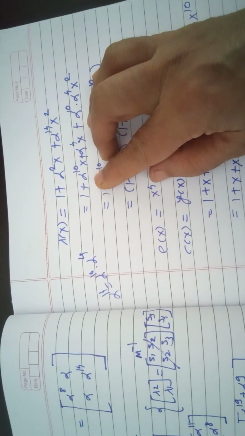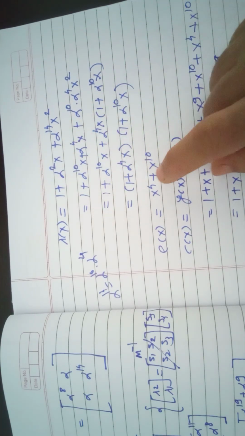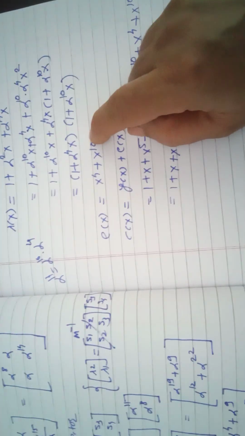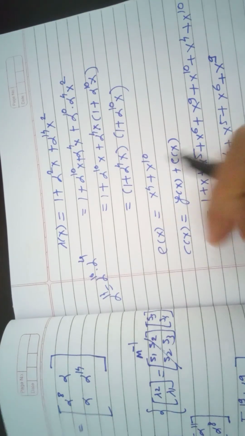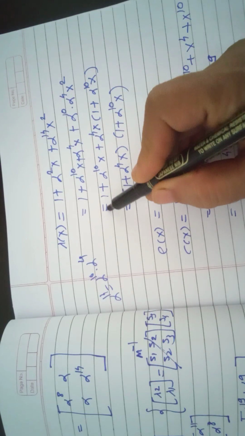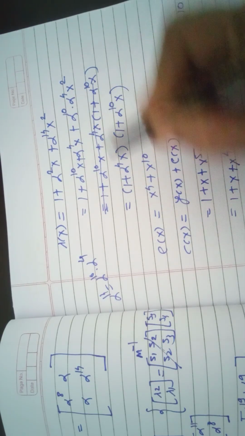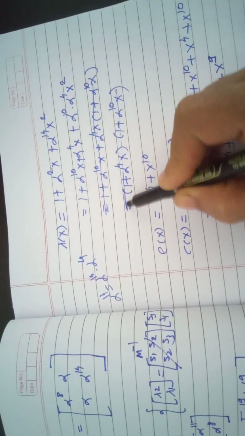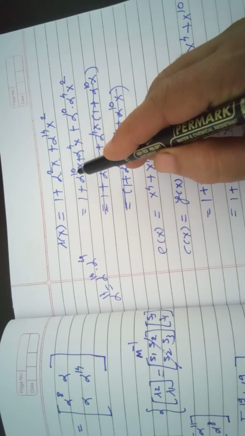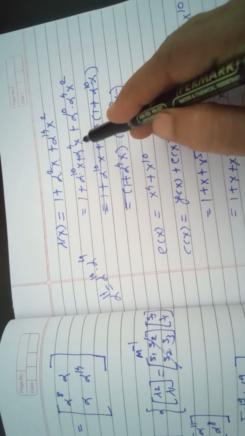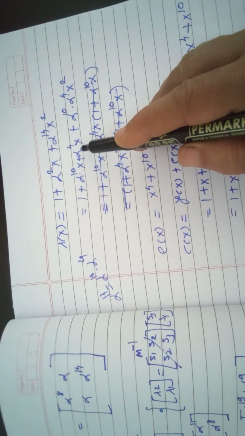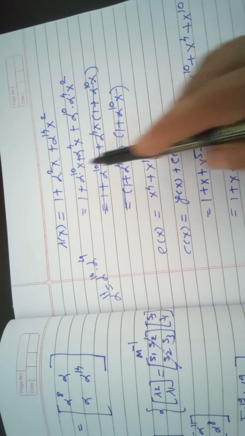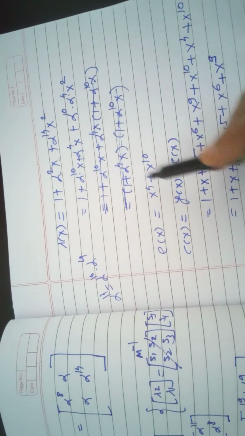So here you can write Ex as x raised to 4 plus x raised to 10. I feel it is not needed to solve, because it will increase the length of the problem. So for alpha 10 you write x10, for alpha 4 you write x4. So Ex is x4 plus x10.